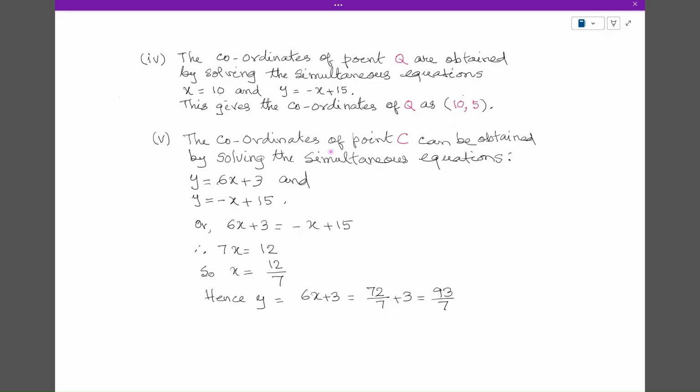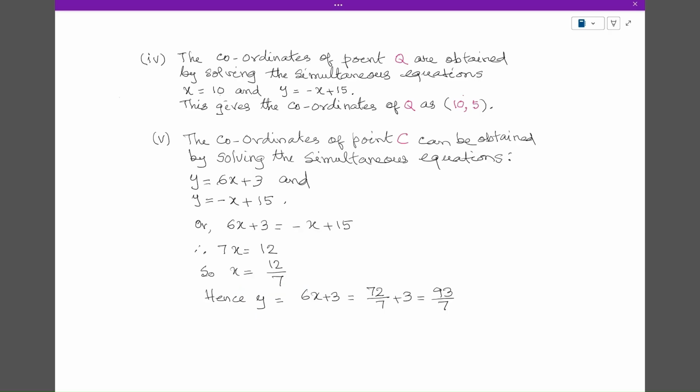Finally, the coordinates of point C can be obtained by solving the simultaneous equations y = 6x + 3 and y = -x + 15. That is, 6x + 3 = -x + 15, or 7x = 12. Therefore, x = 12/7.